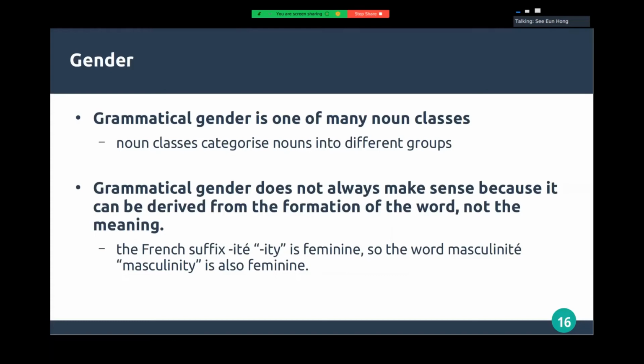So for example, the French abstract suffix -ité, which is like -ity in English, well, the suffix itself is feminine. And in French, the gender of a combined word is defined by the last morpheme. So the word masculinity, masculinité, would also be feminine because the last morpheme is the feminine abstract suffix. Even though the word masculinity literally means the quality of being masculine.